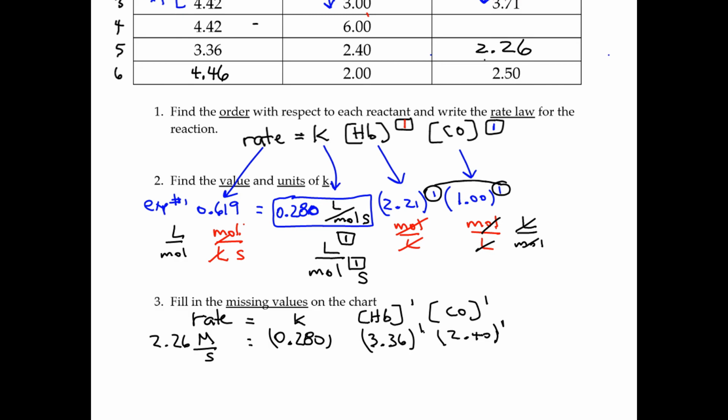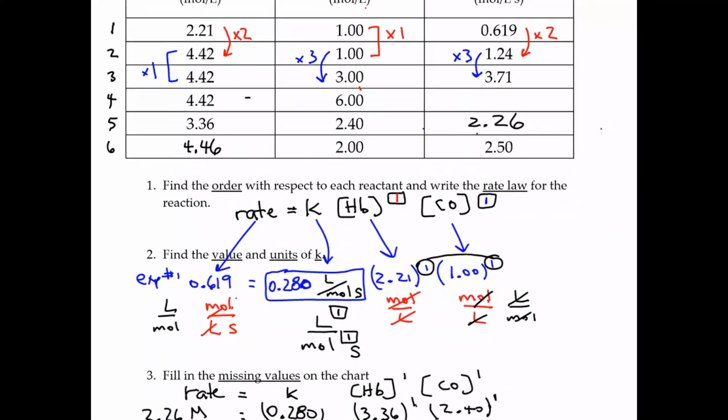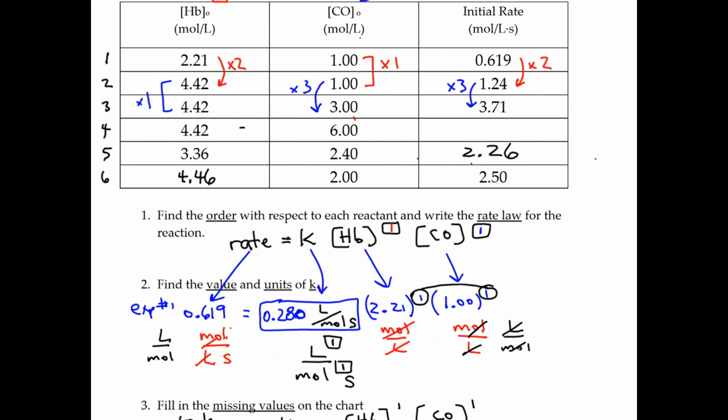Okay, so let's figure out another way to do the missing value for the rate, which is line 4. When you do line 4, you could see something interesting. In line 4, from line 3, this stays the same, so this is a times 1. And then if you notice, this to this is a times 2.